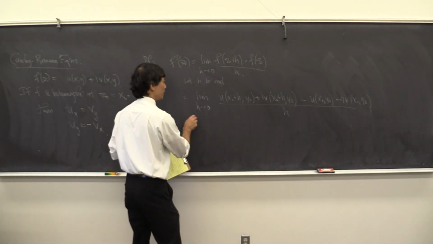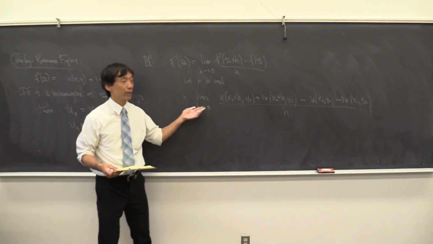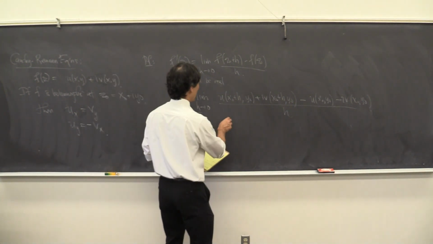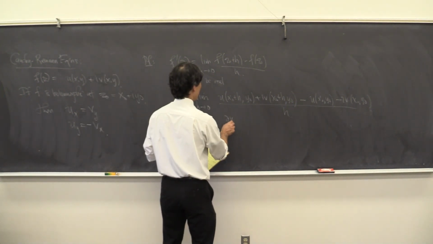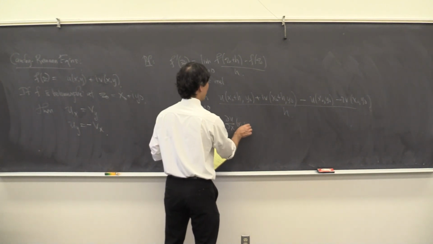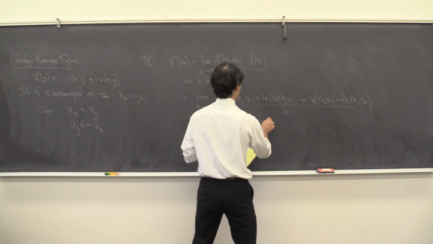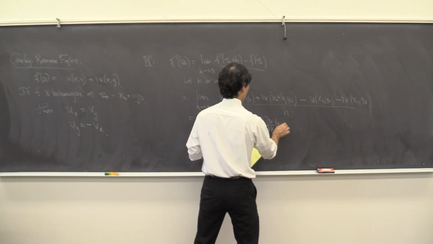So keeping h as a real variable here, what you get is, of course, the partial of u with respect to x evaluated at x naught, y naught, plus i times the partial of v with respect to x at x naught, y naught.